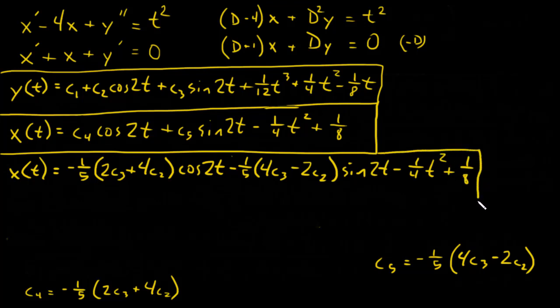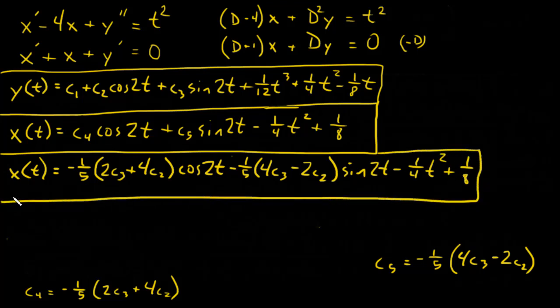And this is my actual x of t. I've got my x of t, my y of t. I am done. That is the answer, because everything's in terms now of C1, C2, and C3.